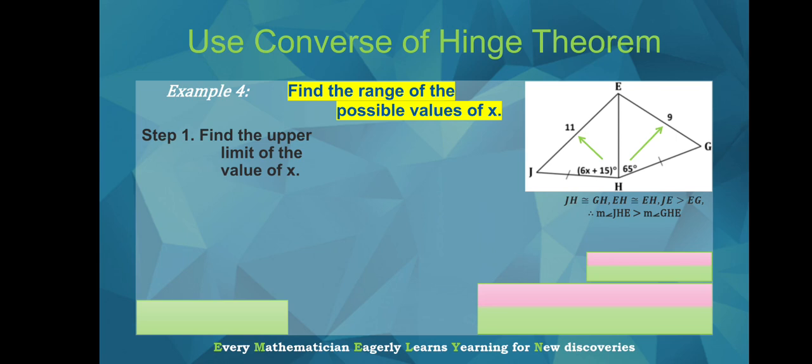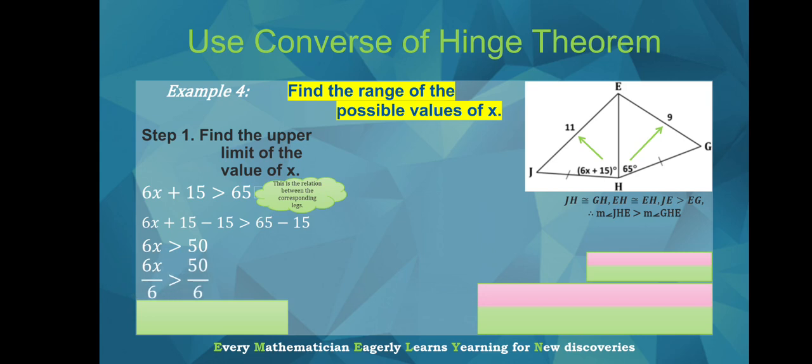Since measure of angle JHE is greater than measure of angle GHE, by substitution, 6x plus 15 is greater than 65. By subtraction property of inequality, subtract both sides by 15. Simplify. 6x is greater than 50. By division property of inequality, divide both sides by 6, x is greater than 8 and 1/3 or 8.33.